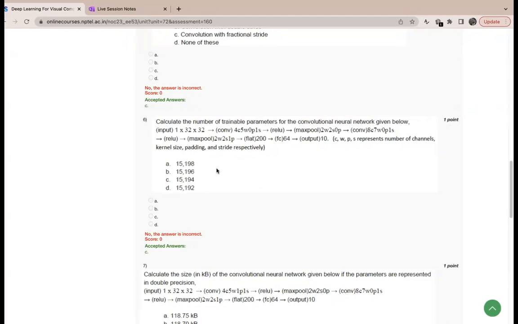P means channel, I guess, and K means, not sure about the notation that they have used here. 5 is the width and height of the filter.